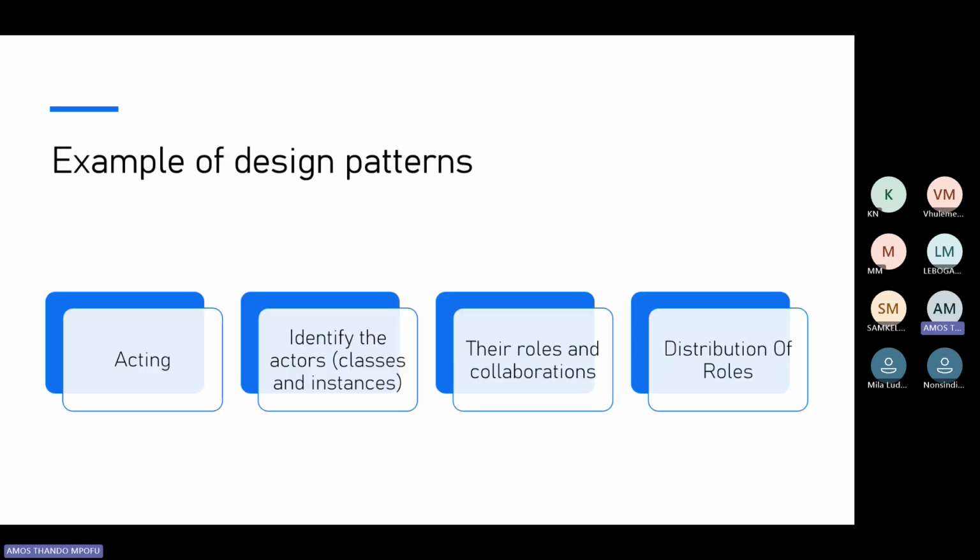And then some examples of design patterns. Remember, we said design patterns use UML, basically classes and objects. An example of a design pattern, you can look at it in terms of acting, like actors. You obviously need to identify the actors that are involved in that movie, which is basically your classes and instances. And then each actor has their specific role.